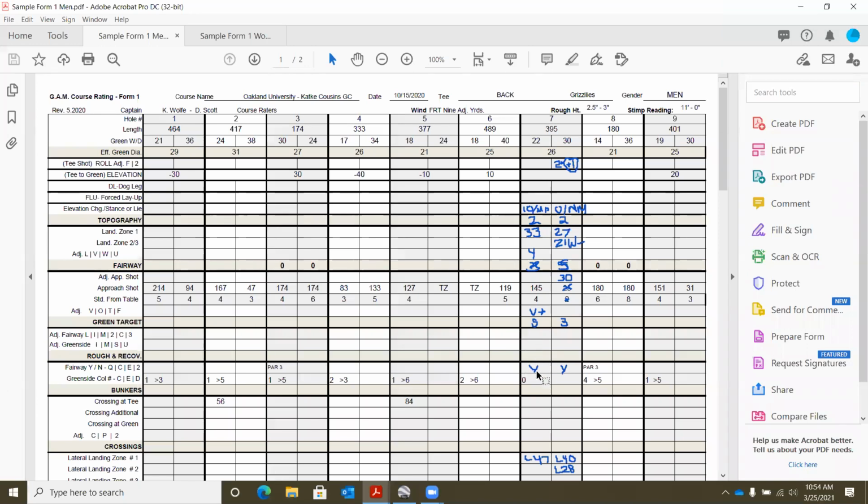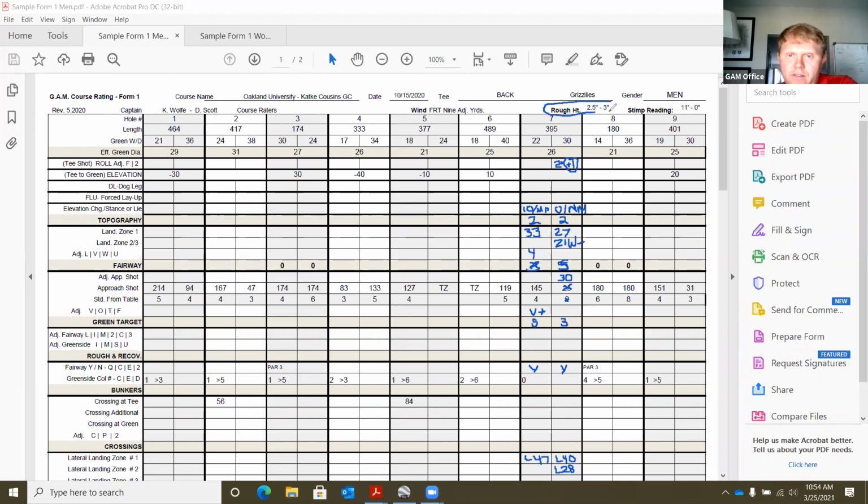And for our R&R, our starting point in R&R is going to be our green target values, so 5 and 3. The other thing we need to know is the rough height. So that's going to be up here at the top of the page. So our rough height is 2.5 to 3 inches. So that puts us in the 2 to 3 column for men. And then we're going to figure out our value.